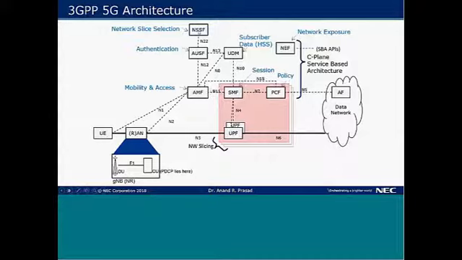Now you have a network slice selection part, and you have a network exposure function to expose the API to the external world, which was there in the form of SCEF later on in 4G, but in 5G it comes from the very beginning. Then you have a user plane function, which is completely separated from the control plane part over here.